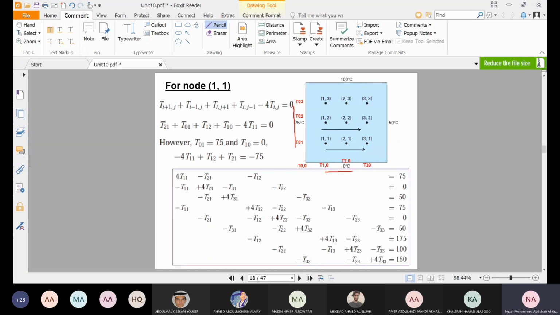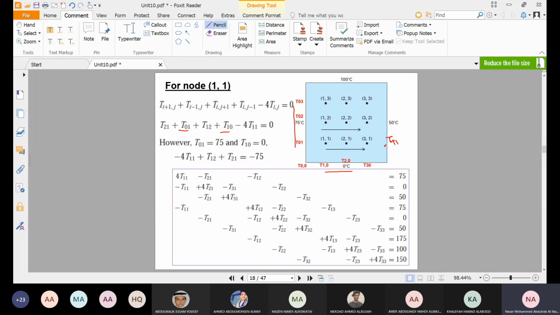After that, we look for these terms that contain zeros. This will be constants. Okay, here we have some constants, and some points also we have at the boundary. For example, here you have T4.